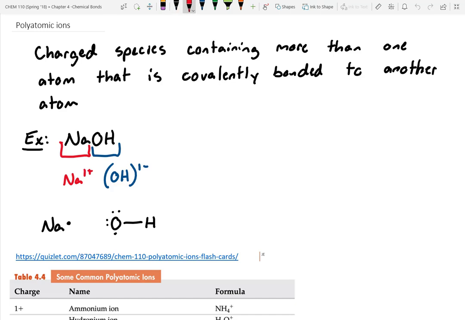So what essentially happens is there can be a transfer of electrons from the sodium atom over to the OH group. So when this happens, the sodium, because it lost one of its electrons, must be positively charged. It's going to be 1 plus. And then the oxygen over here, because it stole an electron, this oxygen must be 1 negative.